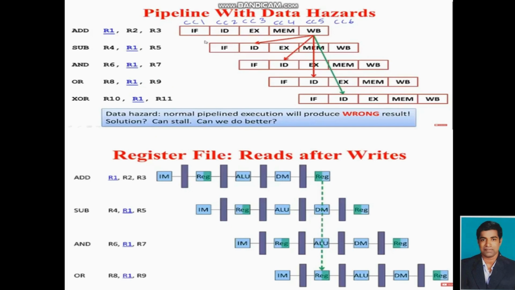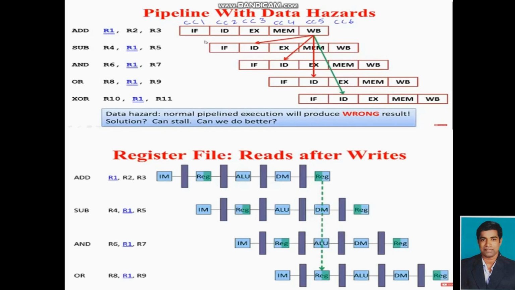Similarly, we can see in this example there are 5 instructions: add R1, R2, R3, in which R2 and R3 are the inputs. With these inputs, we are doing the addition operation. After performing the addition operation, the result will be stored in the R1 register.